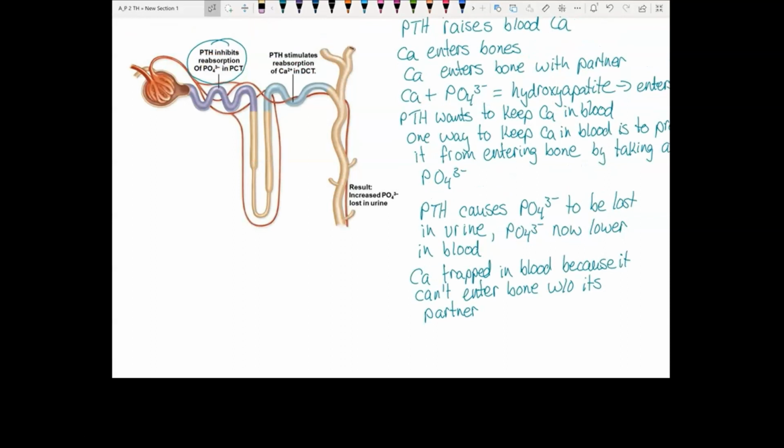PTH also makes sure that you reabsorb calcium. So you're raising the calcium level and decreasing the phosphate level in the blood when you have PTH.